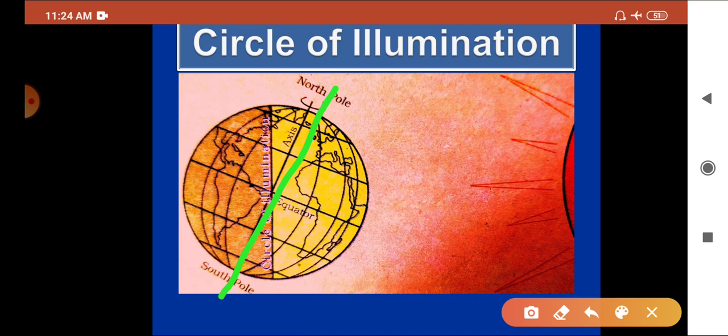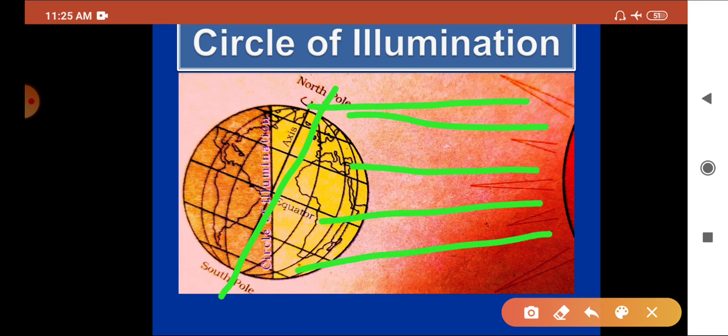But when sun rays come towards the Earth, the area beyond the pole is not receiving light.